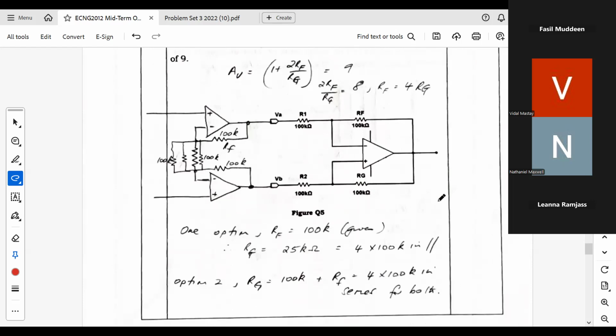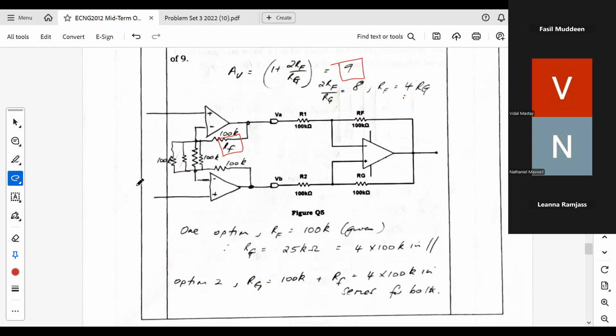For this question, first off, half of the answer was that if AV was supposed to be 9, then the ratio between the feedback resistors and the gain resistor was going to be 4. And then I left people a number of ways.